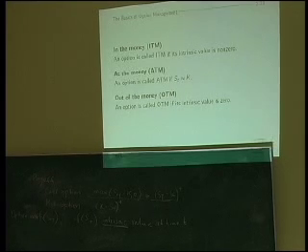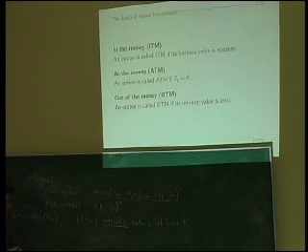If you take another function f of S capital T, you get another European option. So you can play with function f, and you get different European options with different payoffs.